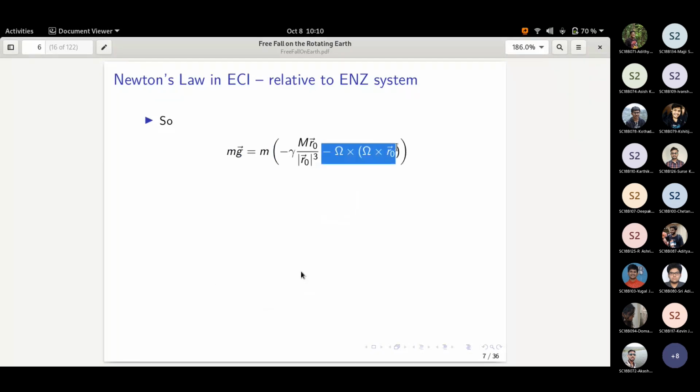We just mentioned, if you remember, the force experienced by a person if the earth is not rotating, and if the earth is rotating it is actually this particular expression. Because of the centripetal force, there is an additional term for the object.